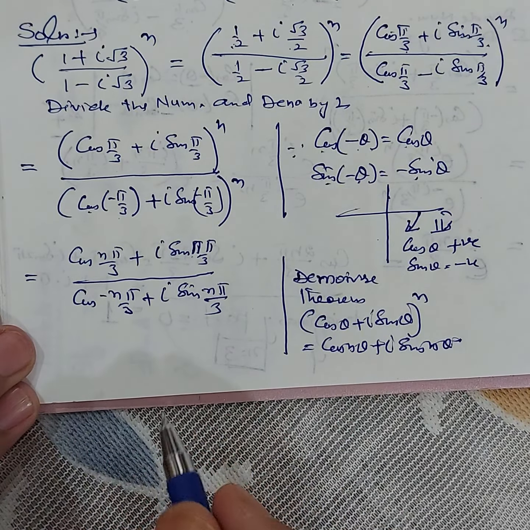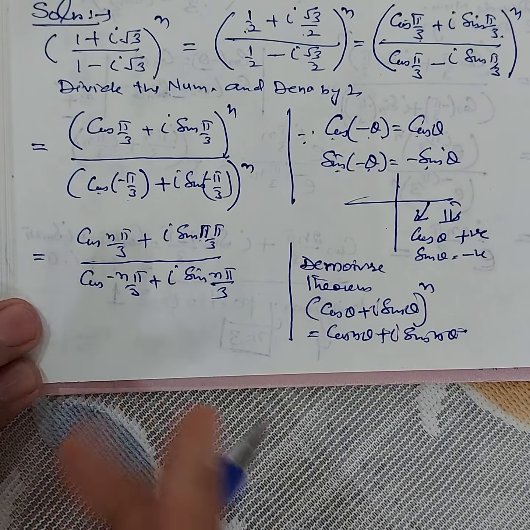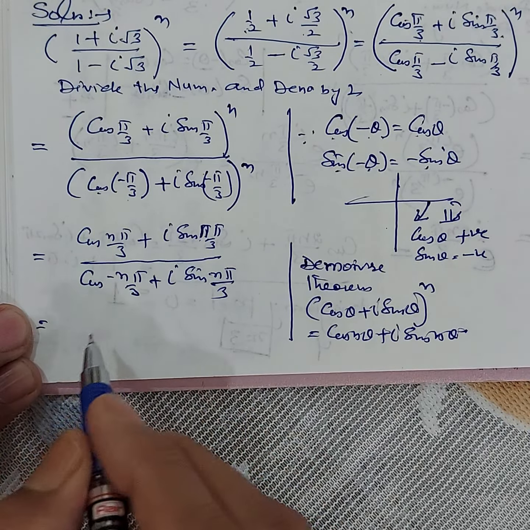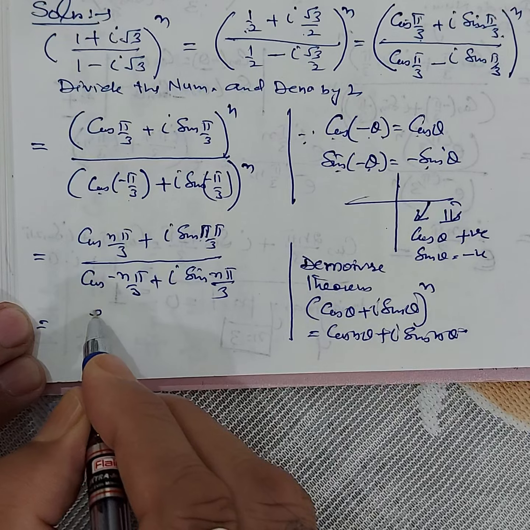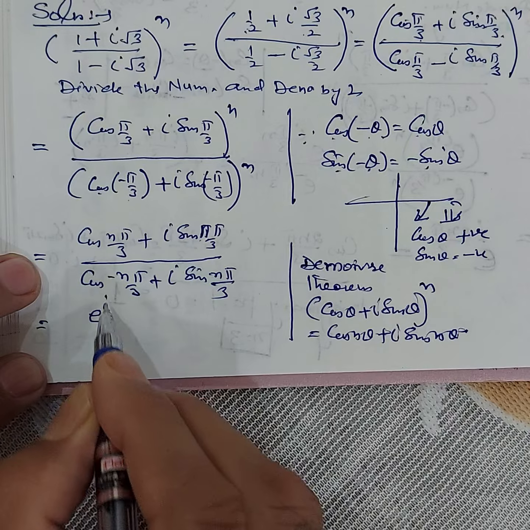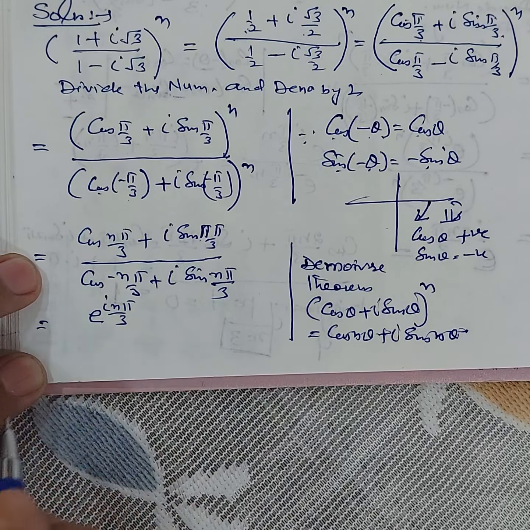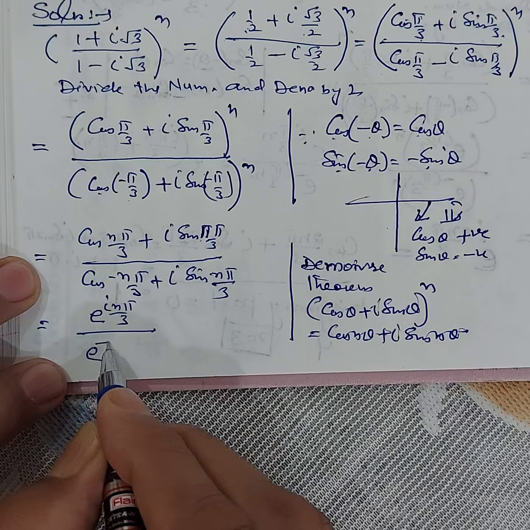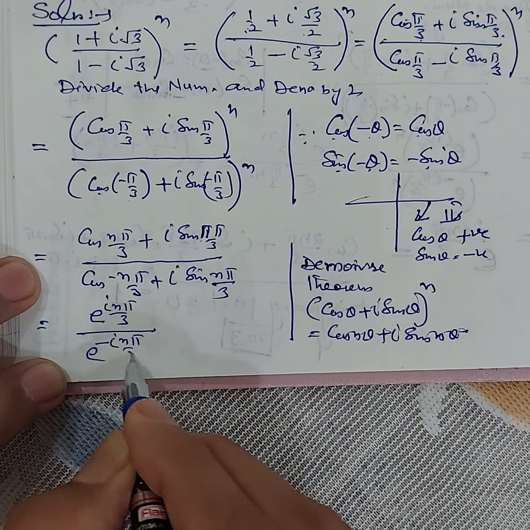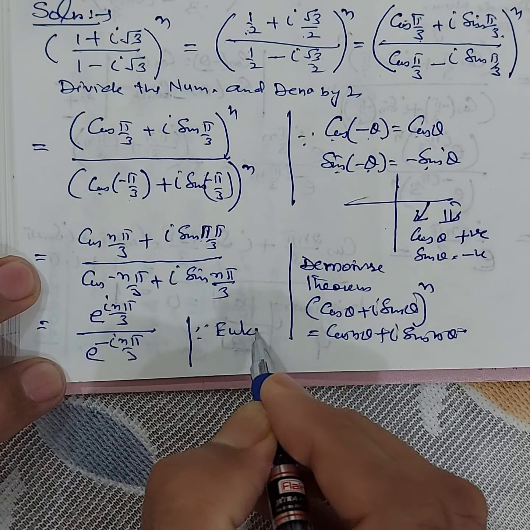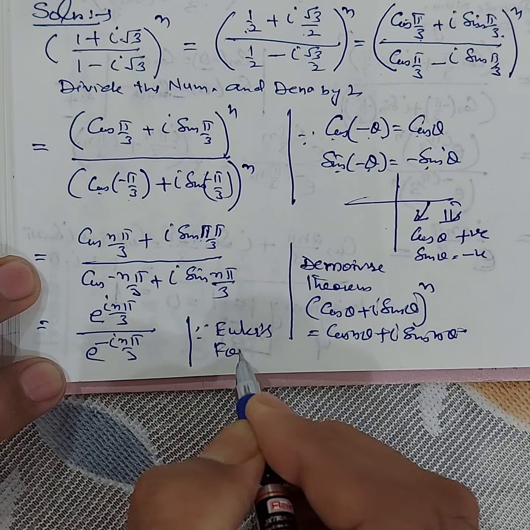Now we'll use the Euler form here. E raised to the power iota n pi upon 3 divided by e raised to power minus iota n pi by 3. We use this because of Euler's form of the complex number.